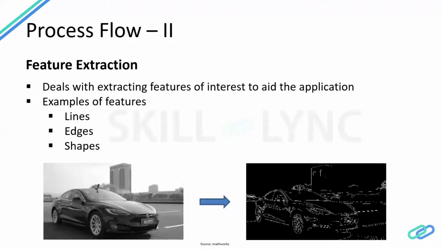Examples of features could be lines, edges, and shapes. All these things make the features, and as I had mentioned before, the features that you would be interested in are going to be very much dependent on the application.